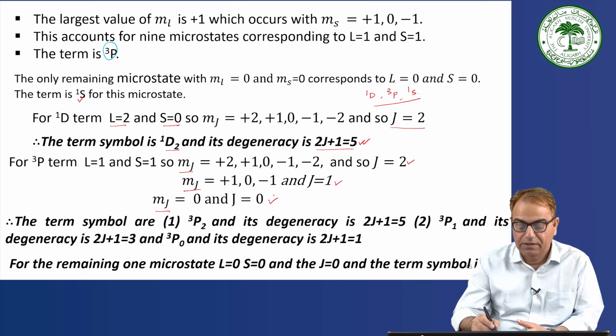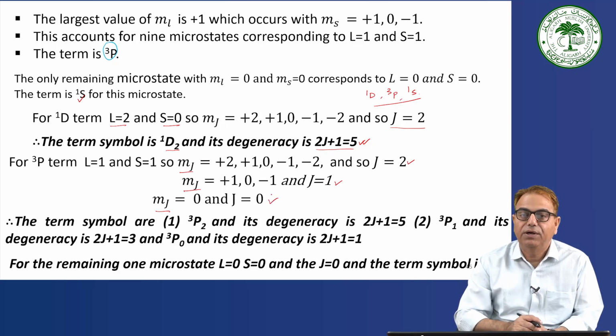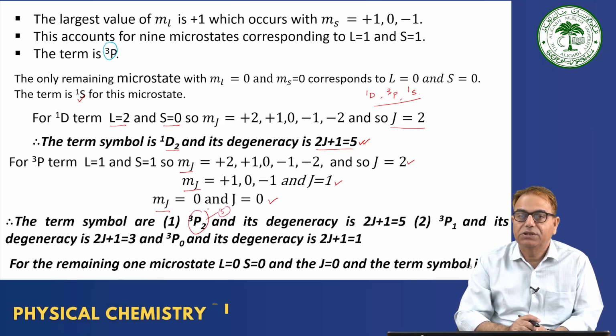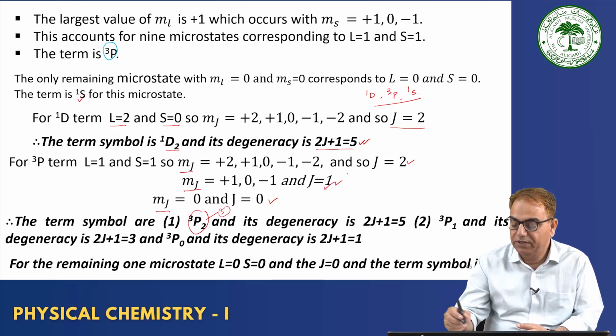And each of these will have a different J value. It means the triplet P term will not give you one single spectroscopic symbol or Wilson-Dot term symbol. It will give you 3 different ones. So it will be triplet P2 for this one, and 2J plus 1 will be 5. So 5 microstates will be accounted for by this one. Then it will be triplet P1 for this one, and 2J plus 1 will be 3.